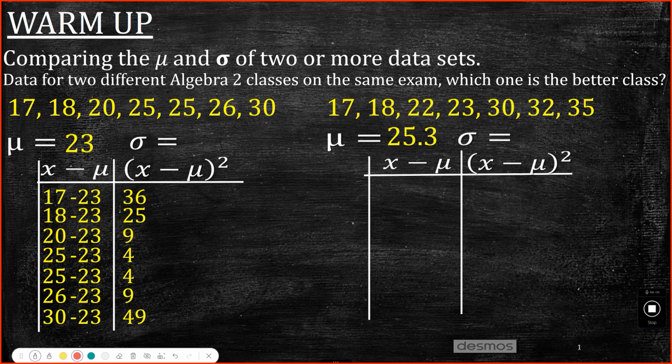What's the sum? We're just summing up. We already did all this work already. We just add these up, that's all. 136. So now that number is going to be divided by 7 and square root of whatever that answer is. So that would be the standard deviation.